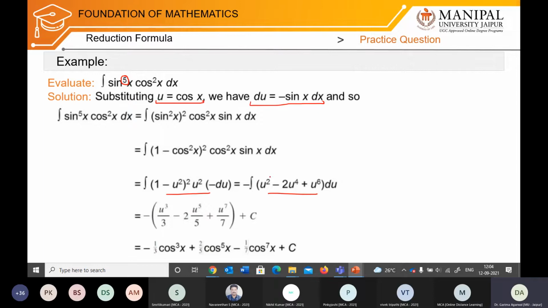Then we can easily integrate u square, that is u cube by 3. Integration of u raised to 4 is u raised to 5 by 5, and integration of u raised to 6 is u raised to 7 by 7. Then we'll substitute the value of u, that is cos x. We'll add one arbitrary constant because it is indefinite integral, no limit is given. So we'll add one constant c.